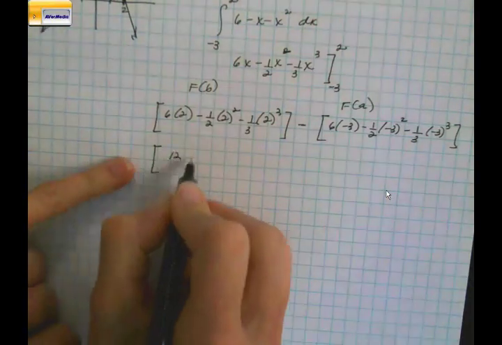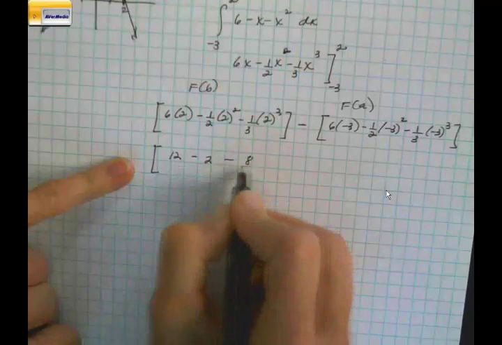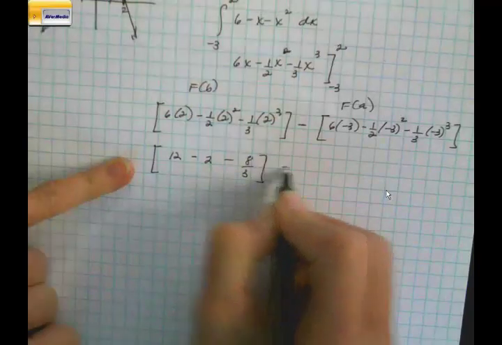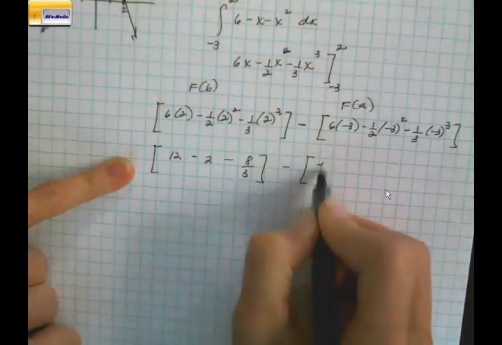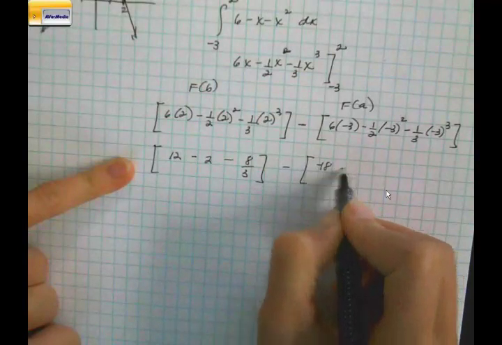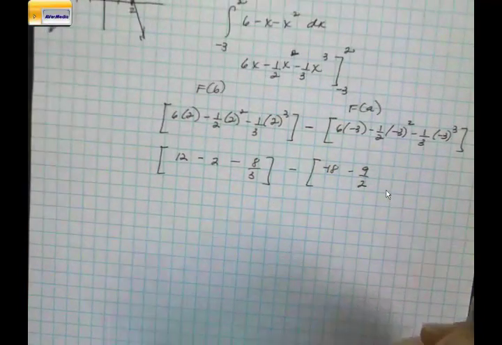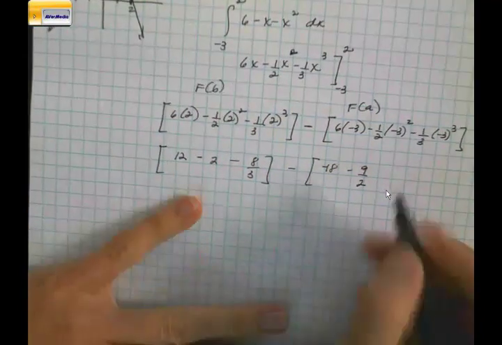This is what? 12 minus 4/2, which is 2, minus 8/3. This is a negative 18 minus a 9/2. Here's 3 is 9, and 3 is 27, plus 27/3, right?